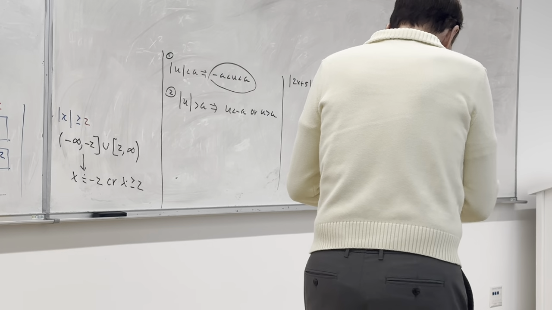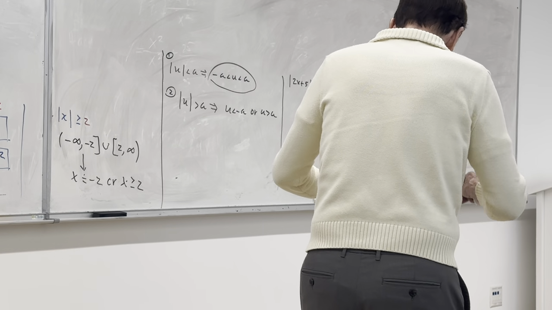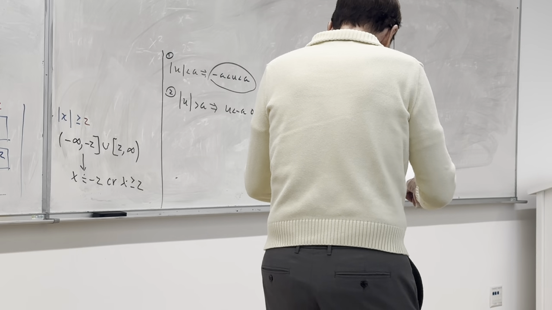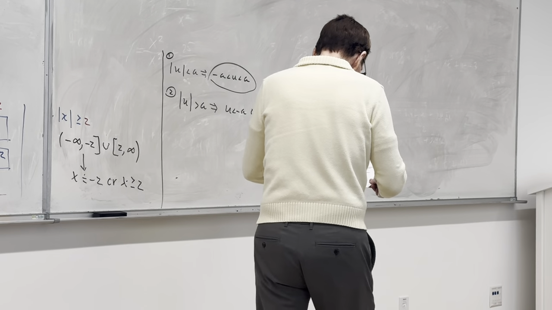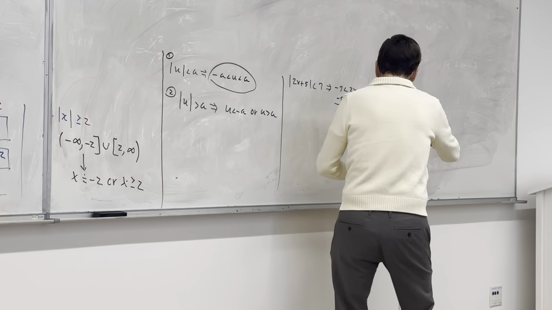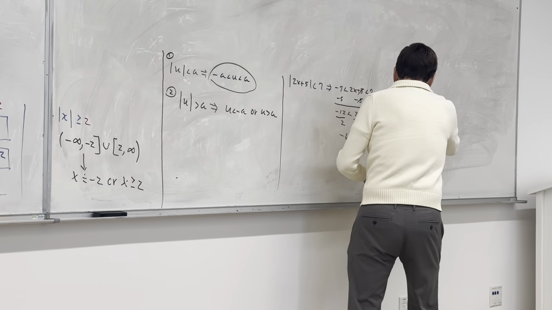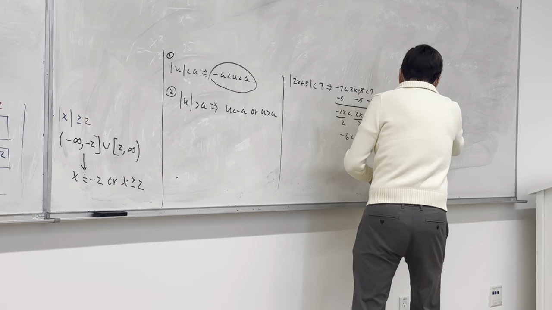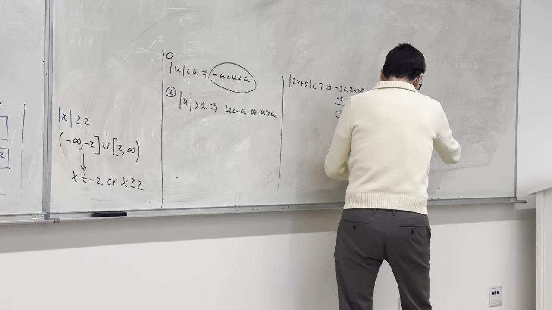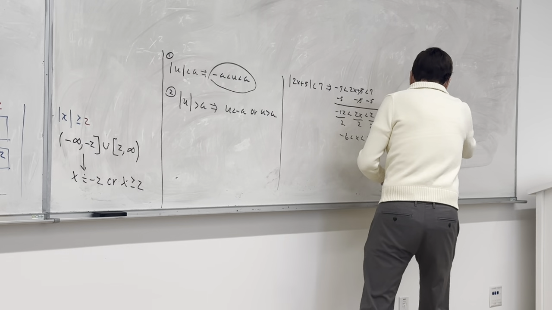Now, the next one, we'll try just maybe another one here, maybe it's 2 or 3 of these. My second one looks like, here we go, this one, on the side. Put your handout out. Absolute value of 2 subtract 3x is greater than or equal to 1.